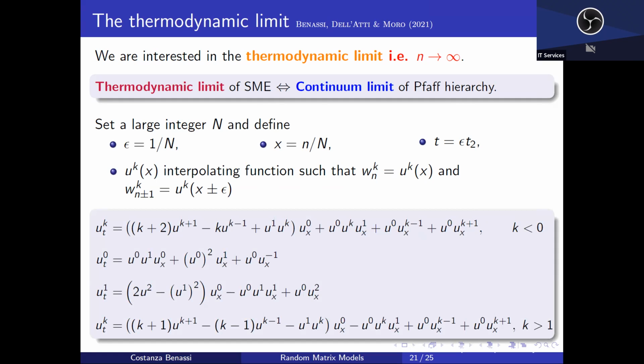So this would be the identity that you have for fields U_K, where K is negative, U_0, U_1, and U_K for K positive. And this looks bad at a glimpse, but it is actually very nice.